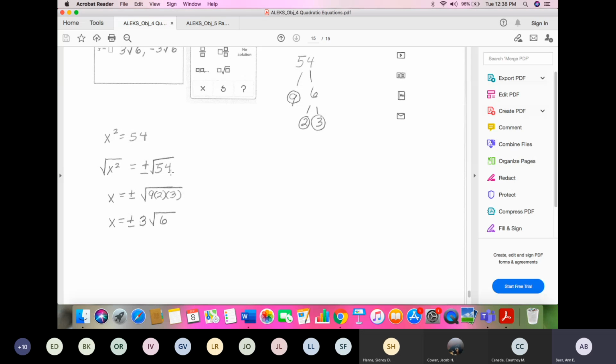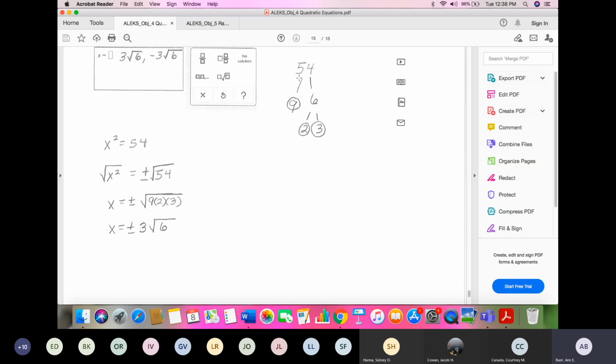We want to break 54 down, and I remember from memorizing my times tables that 54 is 9 times 6. But if you don't remember, you could start with 2. It doesn't matter. You'll get the same answer, trust me, if you do it correctly.